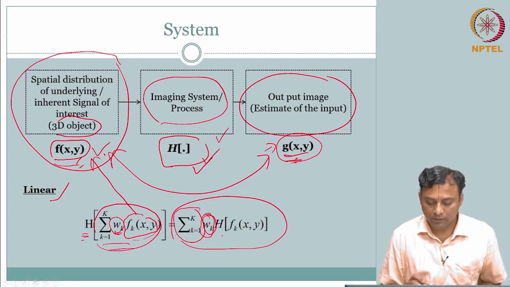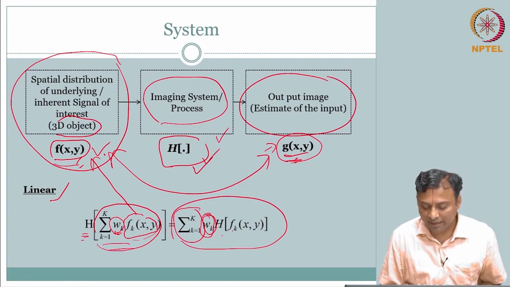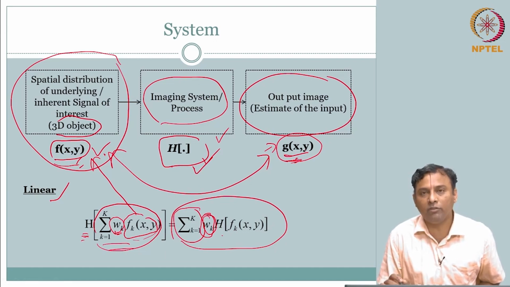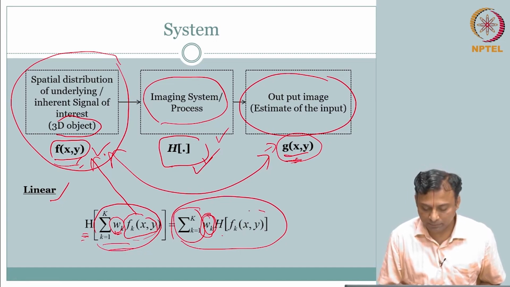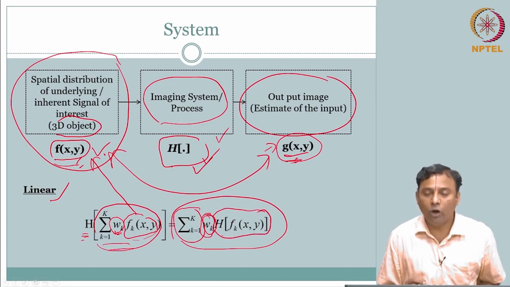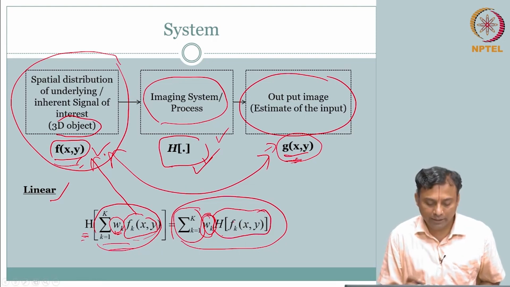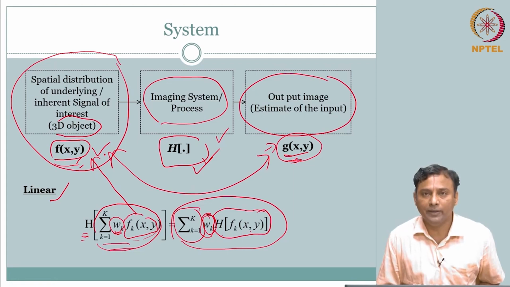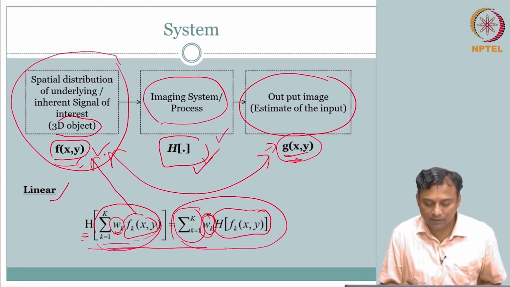particular input. That means h of fk of x comma y means if the input was f1 of x comma y, the output would be h of f1 of x comma y, which would be g1 of x comma y. So essentially this represents the output to individual inputs f1 of x comma y, f2 of x comma y. So physically what does this mean?